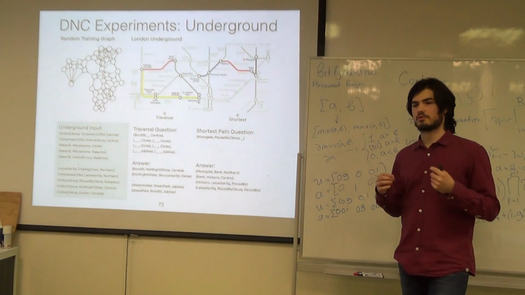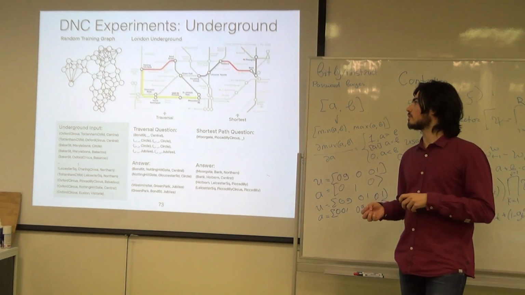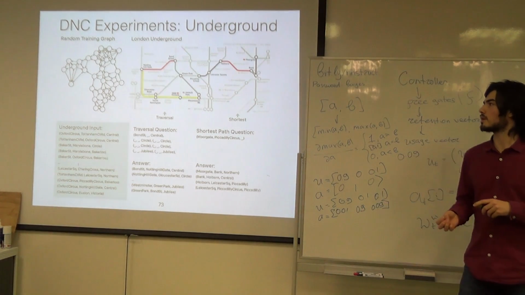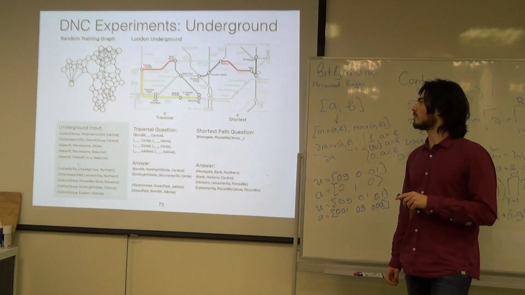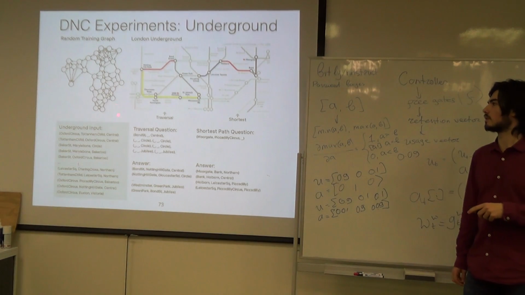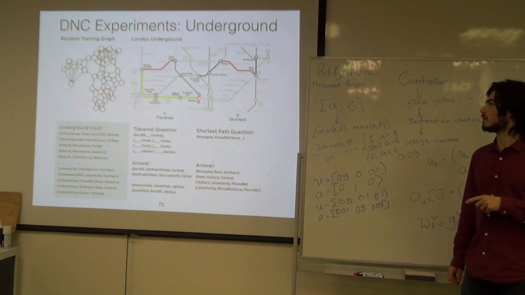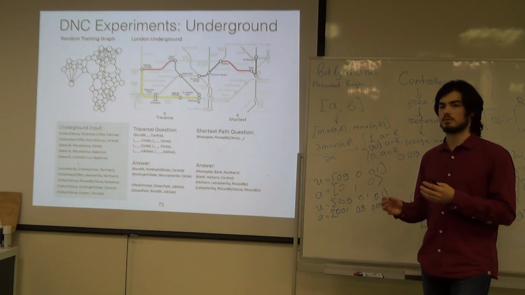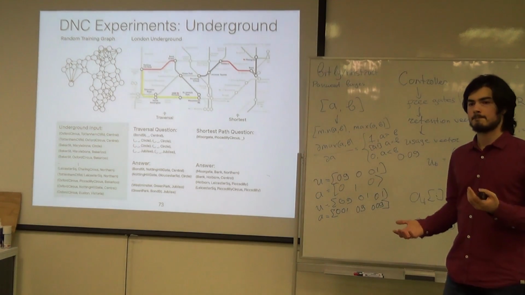Another one is a traversal task. So you say that you start in this position, then you move to the west using the red line, so you move here. Then you say that you move to the south with the yellow line and so on. And then you're asked in which node, or on which station, you are now.